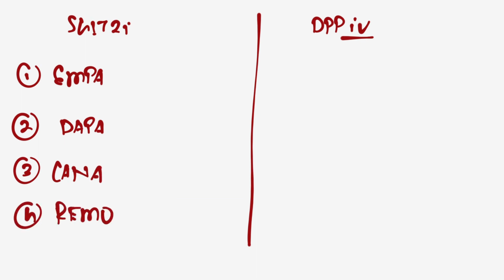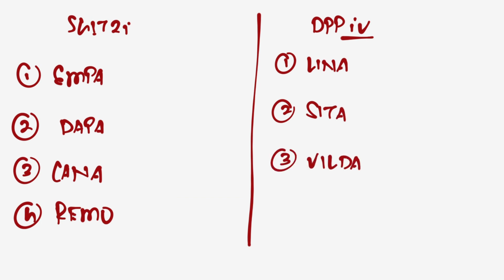In terms of the DPP4s, you have linagliptin, sitagliptin, vildagliptin, and teneligliptin. So these are all kinds of DPP4 and SGLT2 available in India.